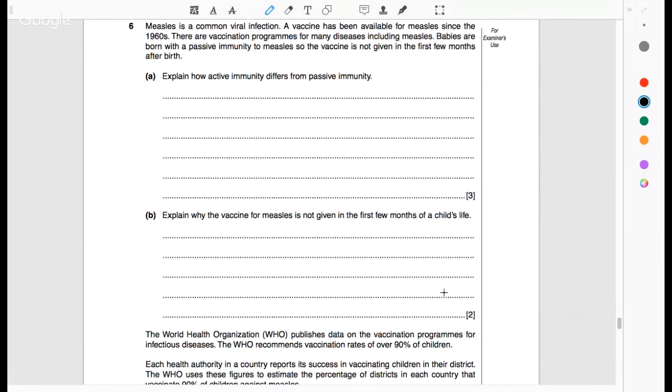Active immunity is where the antibodies are produced from oneself, and passive immunity is where the antibodies are foreign and enter your system. Active immunity results in long-term immunity, while passive is short-term.